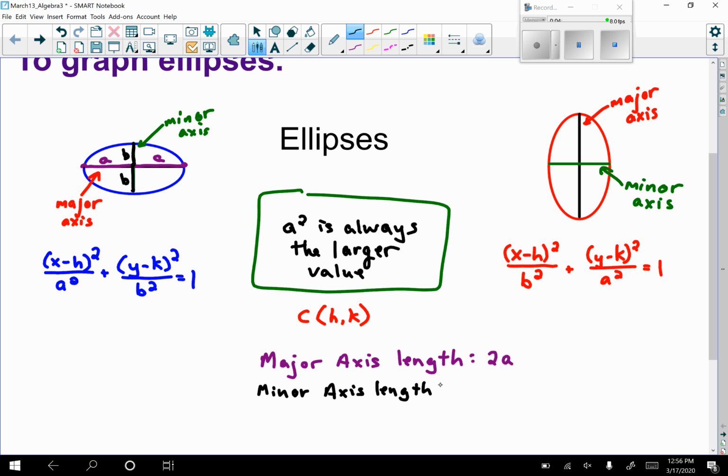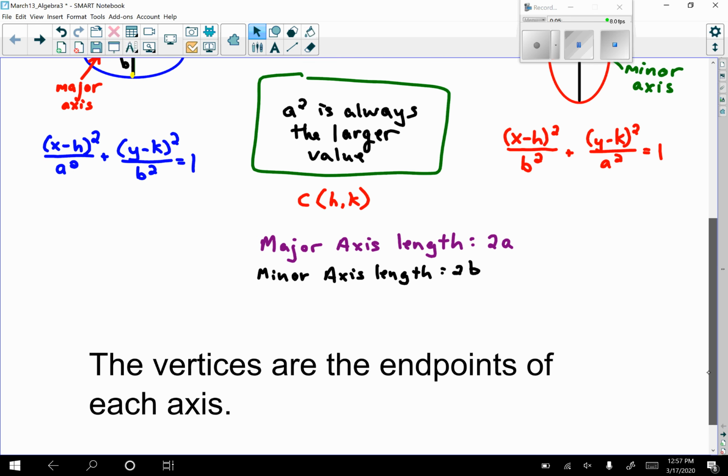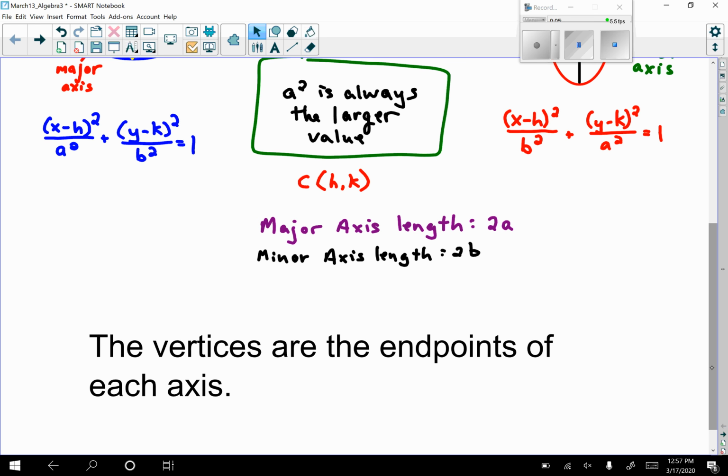So the minor axis length will be twice whatever the value of b is. And then we also have vertices at the ends here and here. So I'm going to put all these yellow marks here. They're going to represent vertices. Okay, so the vertices are the endpoints of each axis.